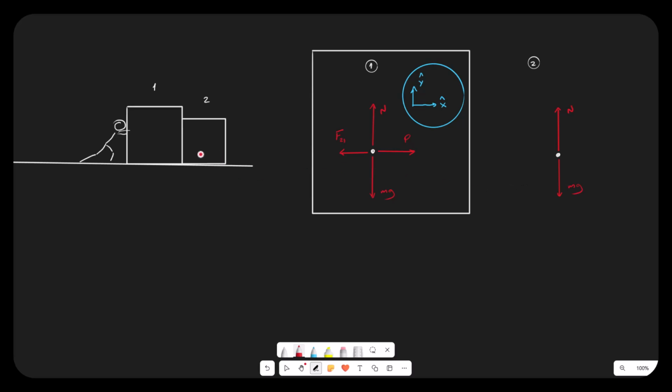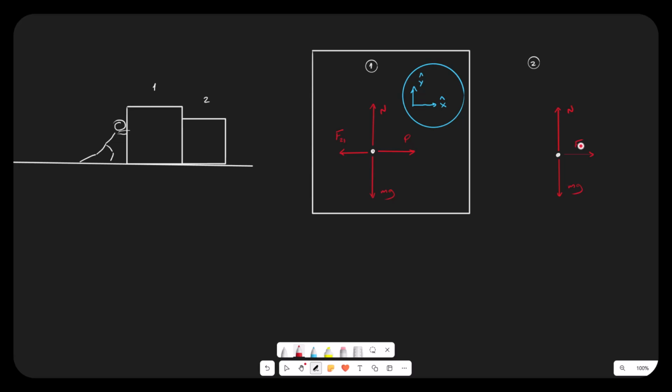The person is not pushing on block 2. The person's pushing on block 1, which is pushing on block 2, but the person's not in contact with block 2, so this push force won't be there for block 2. However, block 1 is pushing block 2 to the right, so I'm going to get a force like this to the right.